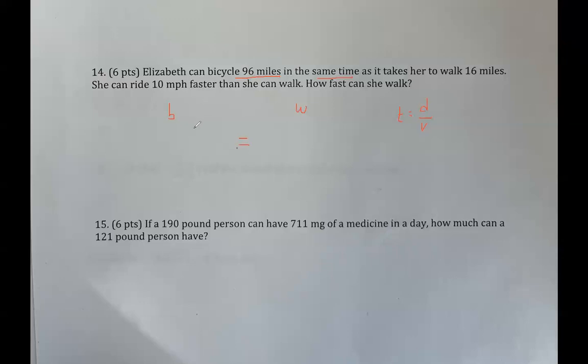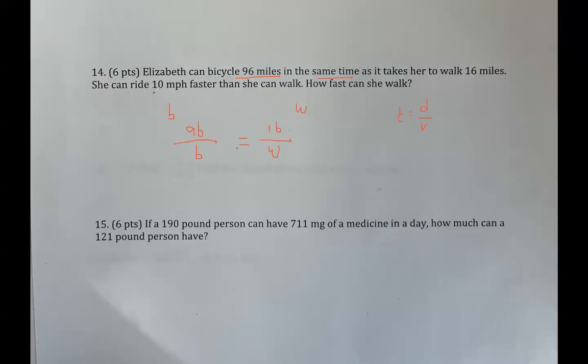So the distance of bicycling is 96. Do we know her speed of bicycling? We don't know yet, right? Let's call her speed of bicycling B. And then she walked 16 miles. So we know the distance of walking, 16 miles. Do we know her walking speed? Not yet. Let's call her speed of walking W.